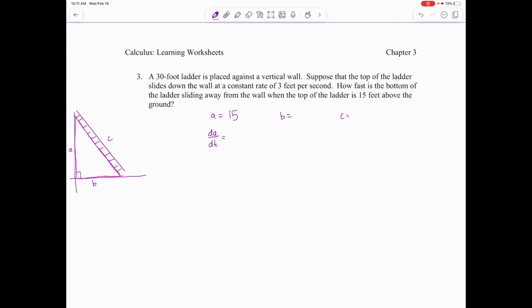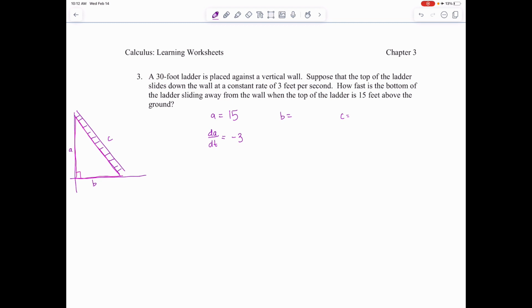So the rate that the height is changing is -3. The height is getting smaller, so it's negative.